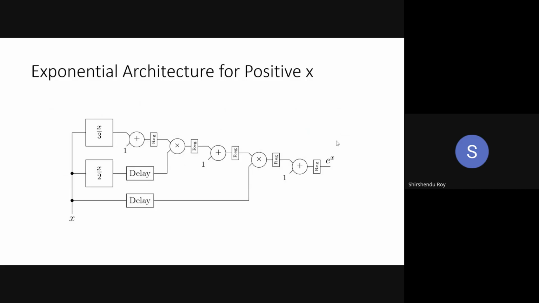One important thing is that the x by 3 block is called a constant multiplier. I mean this x by 3 is achieved by a constant multiplication block. This block we are going to discuss. And x by 2 means x divided by a power of 2, so this x by 2 can be achieved by simply right shifting the data.